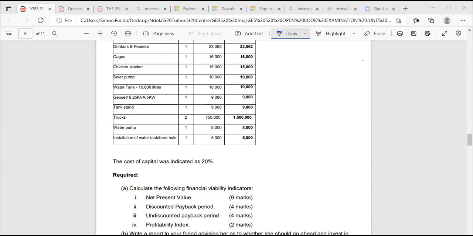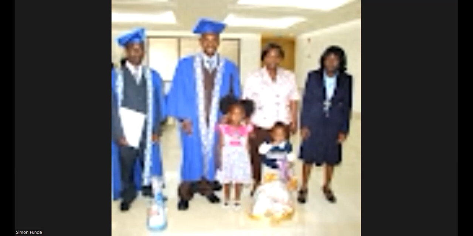Okay, so let's calculate the profitability index. Let me just open the page where we are calculating from.